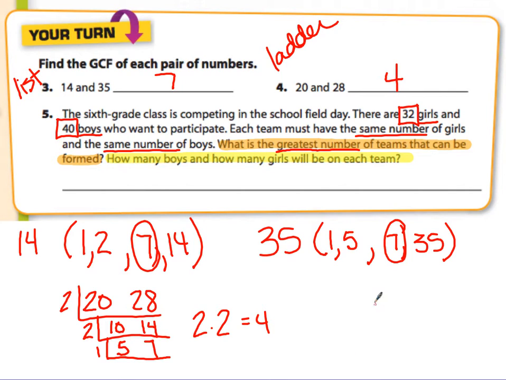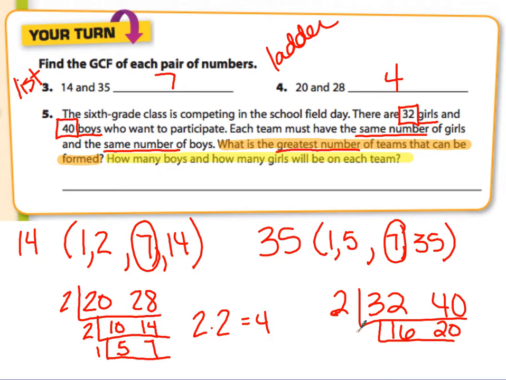So I'm going to use the ladder method and do 32 and 40 and find the largest number of groups that we can have. So I divide them both by 2. I get 16 and 20, and divide them both by 2 because they can both be divided by 2, and I get 8 and 10.